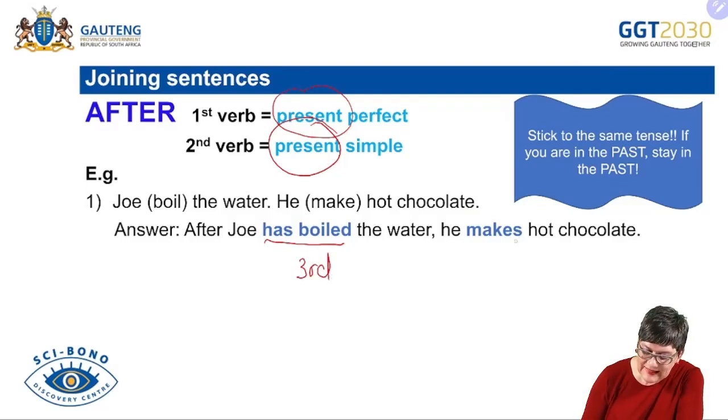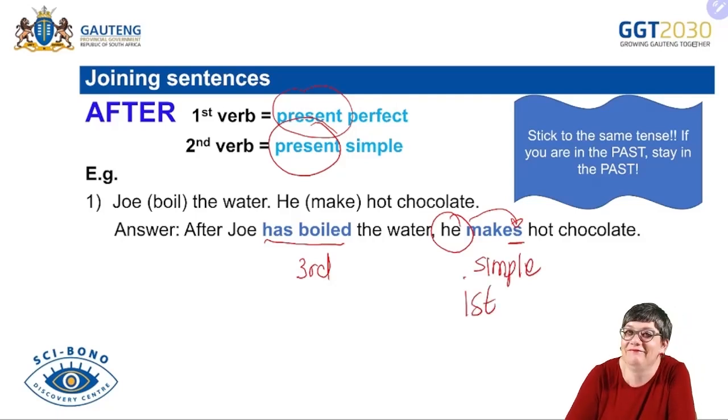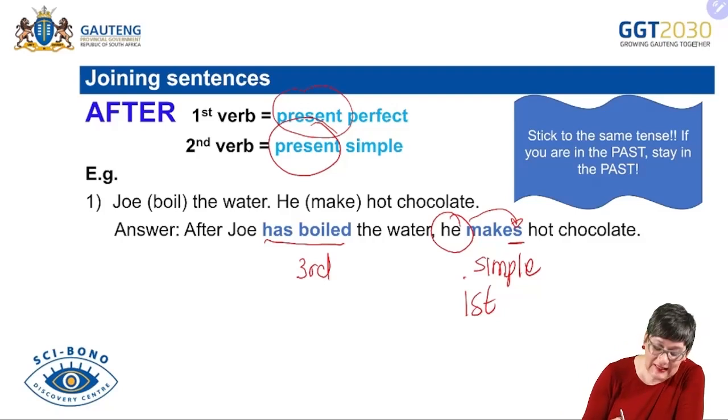He makes, that's my simple tense. Remember, he's singular. There must be a little s. And this is my simple tense, and it's my first column verb. Right. It's really very easy. So if you know how it works and you know a rule, you can do it. So this is when we were stuck in the present tense.